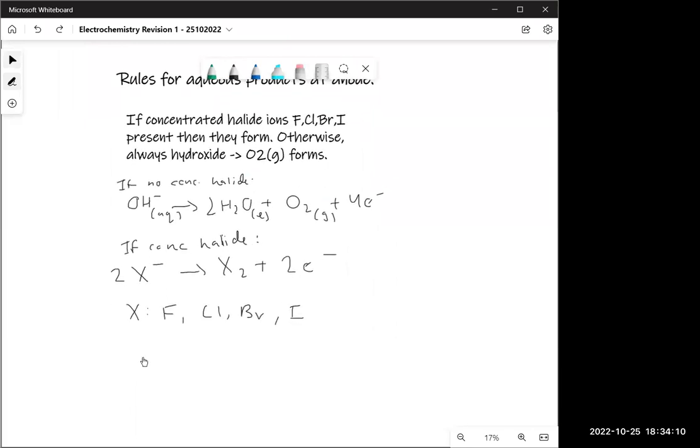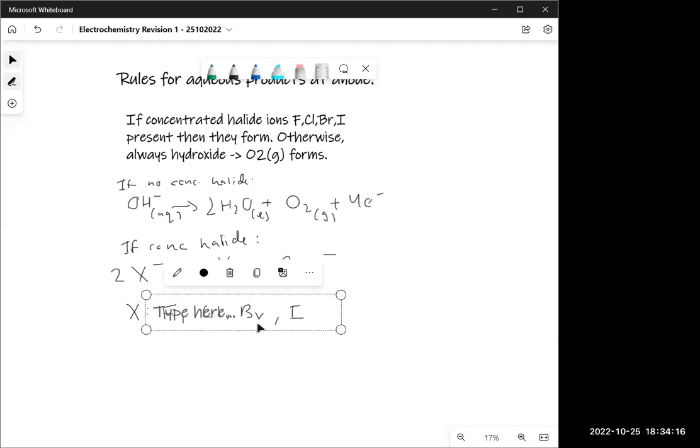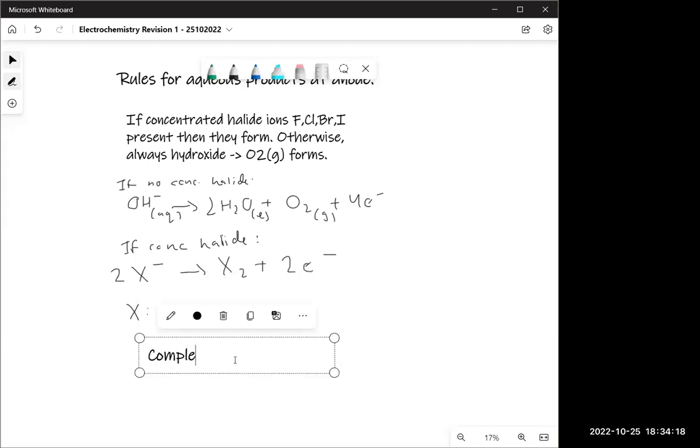Now in the bottom, just write one more line: complex ions never form at electrodes. What are these complex ions?